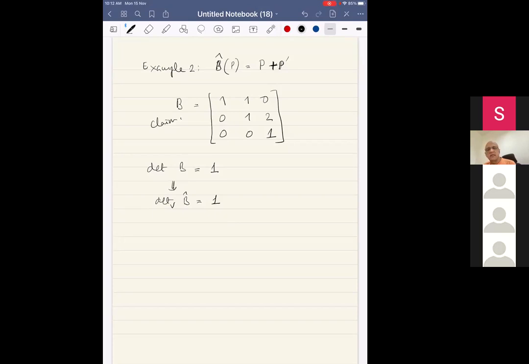So the first question is, why is B of this form? Because then it's clear: once somebody tells you that you have a 3x3 matrix like this, to see that its determinant is 1 is very easy. So why is B of this form?